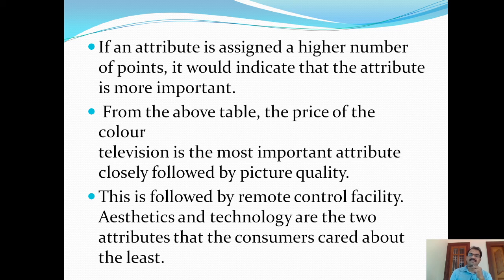If an attribute is assigned a higher number of points, it indicates that the attribute is more important than any other attribute. From the above table, the price of the color television is the most important attribute, closely followed by picture quality.